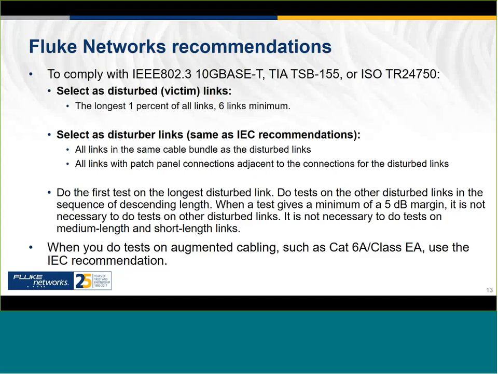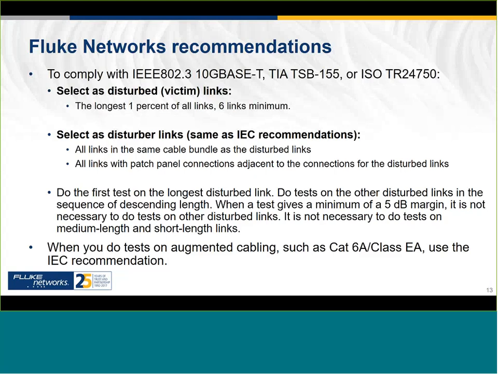When you're doing the testing, you test the longest disturbed link or victim link first. Then do the tests on the other links in the sequence of descending length. When a test gives you a minimum of 5 dB margin, it is then not necessary to do tests on the other disturbed links.